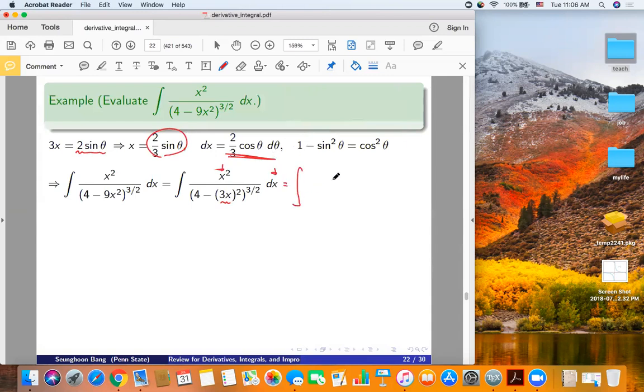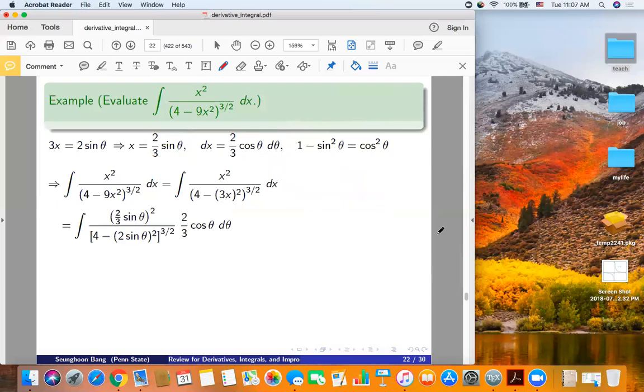So we have the integral of 2/3 sine theta squared over 4 minus 3x, which is 2 sine theta, squared, to the 3 over 2, times dx, which is 2/3 cosine theta d theta. This is the whole idea. So like this. Now next is simplify.